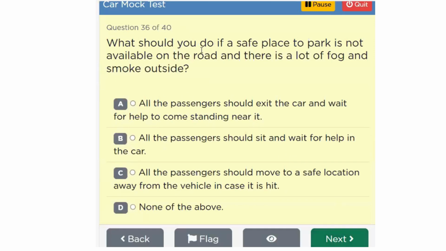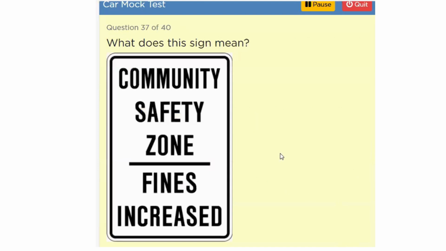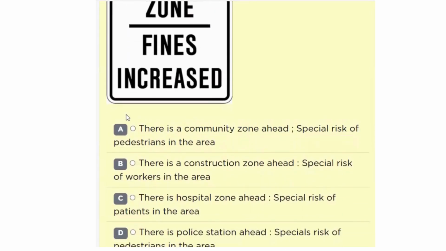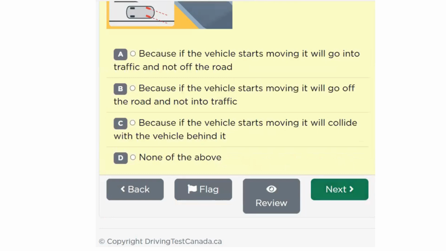What should you do if a safe place to park is not available on the road and there is a lot of fog and smoke outside? So you don't exit the car. What does this sign mean? Community safety zone. Okay.